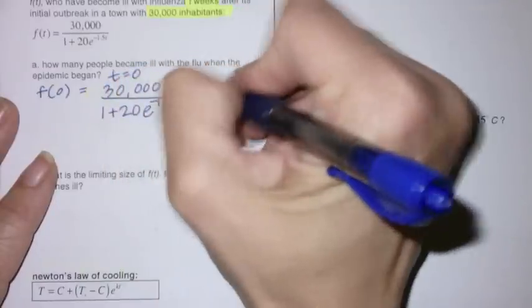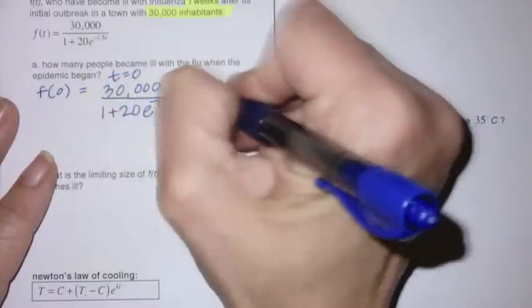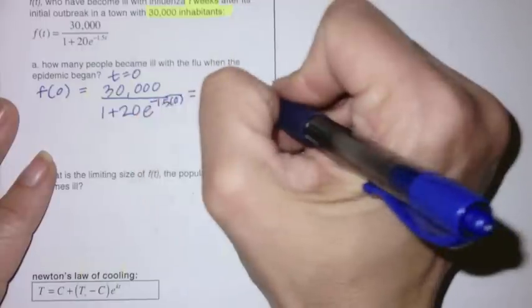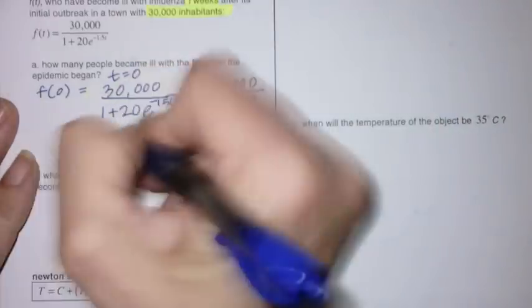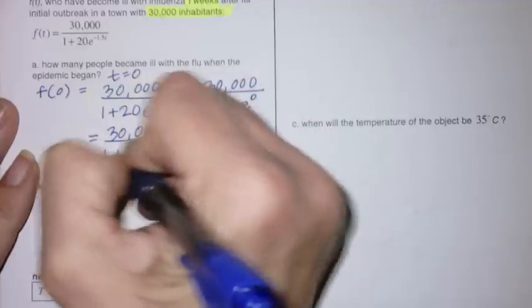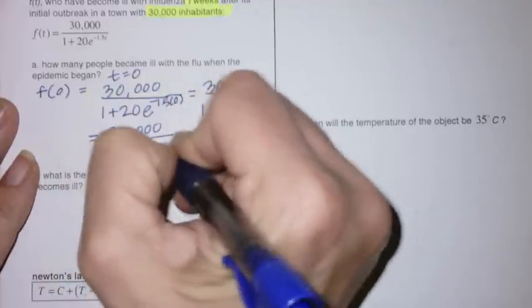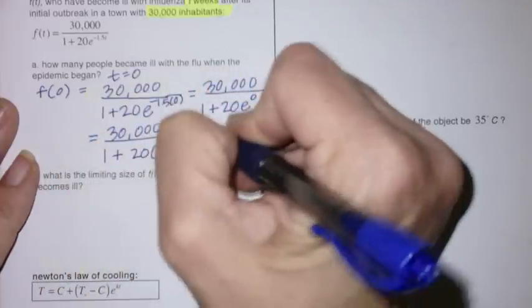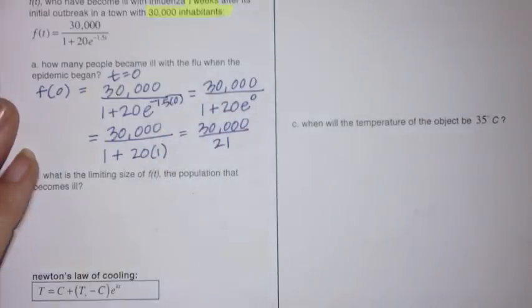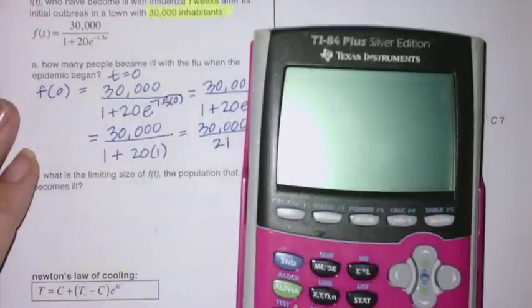We've talked about that before. 1 plus 20e to the negative 1.5 times 0 is 0, which is 30,000 divided by 1 plus 20 times 1, which is 30,000 over 21. And then you plug it into your calculator.